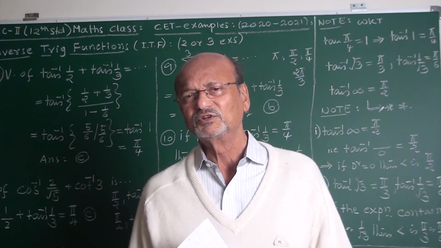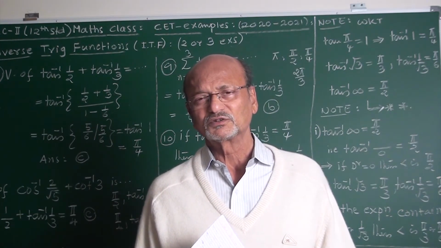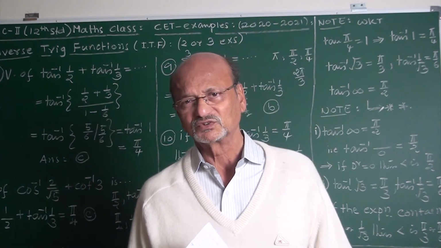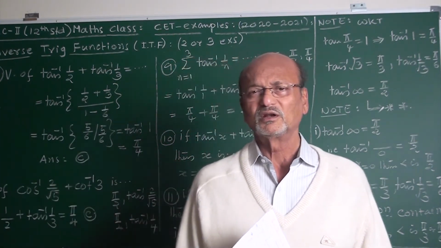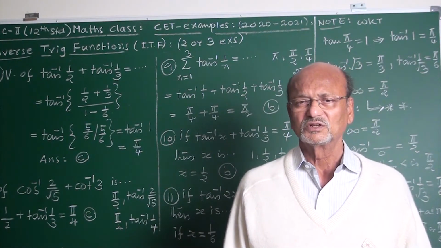In the first video, I have done almost all the basics, my friends: the concepts, the synopsis, the domain and range of inverse trigonometric functions, and the properties of inverse trigonometric functions.